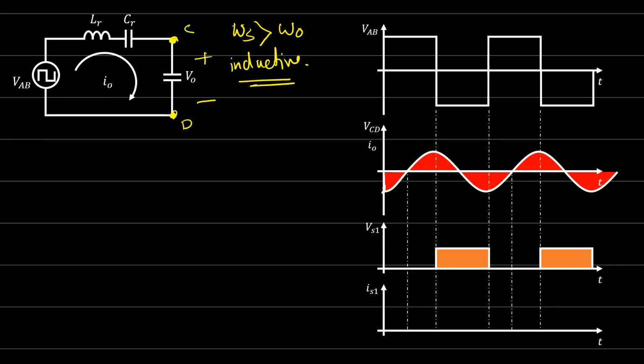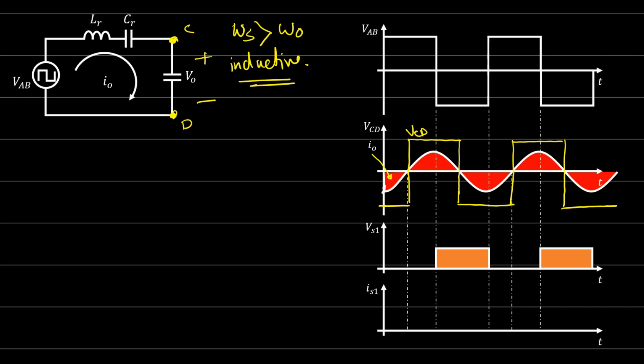VAB is a square wave, and I will say that the output VCD is a square wave as well. Here is the output VCD, and this is the current I out.